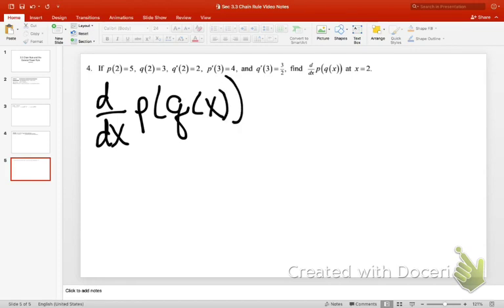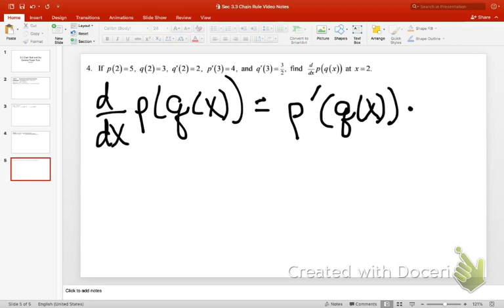P is the outside function, Q of x is the inside function. So the chain rule says that we're going to take the derivative of the outside function, and we leave the inside function as is, times the derivative of the inside.